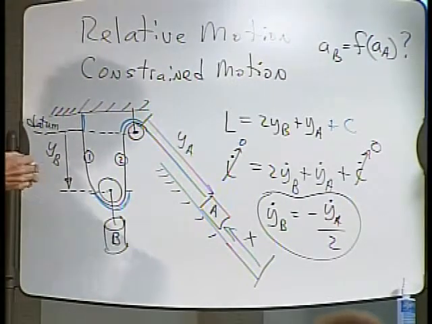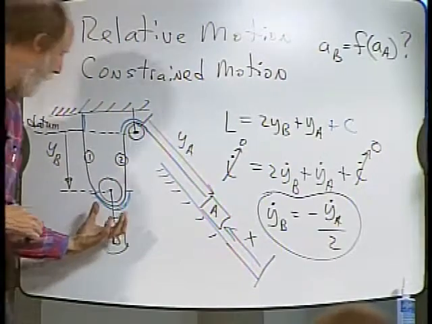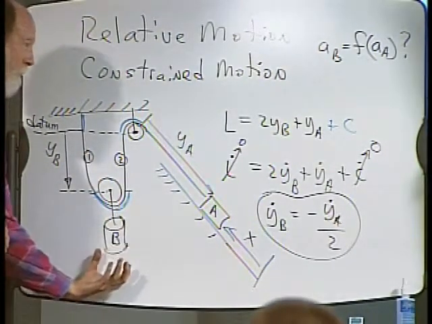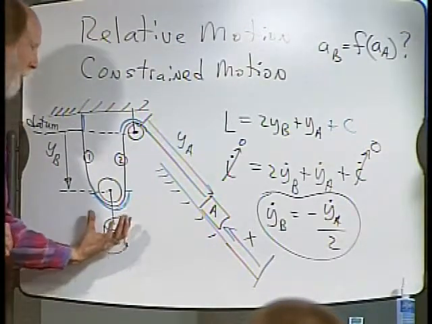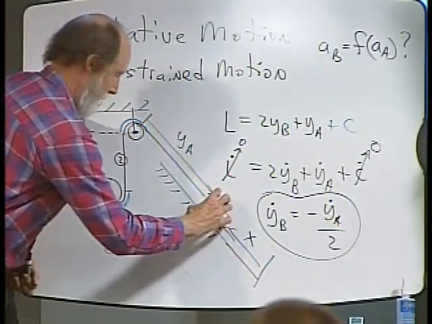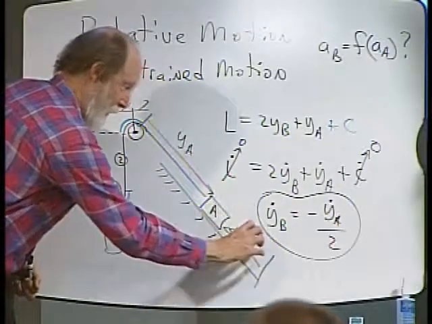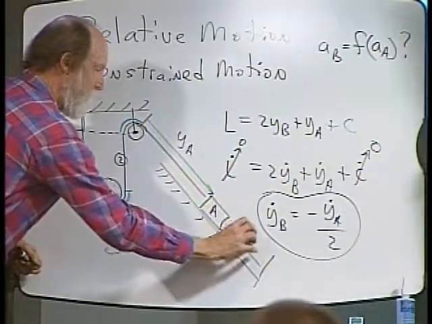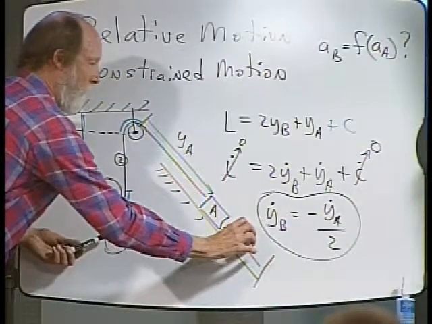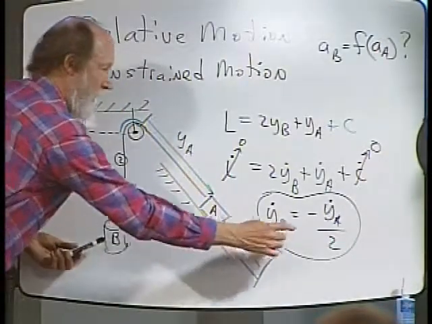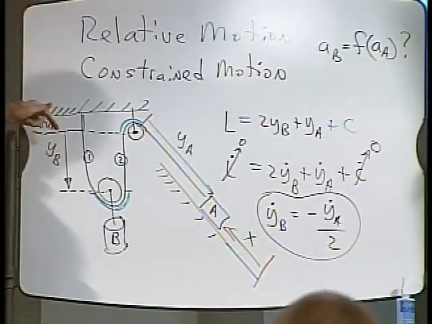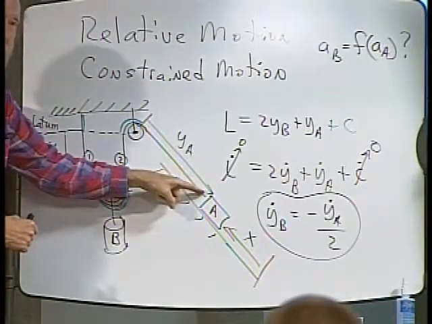So in other words, let's say I grabbed a hold of this body and pulled it down at a certain speed. Actually, maybe I should grab this guy, since that's the way I wrote it. Let's say I pull body A downward at a certain speed. Then this body is going to be going which way? It will be negative, won't it? Because notice my defined directions: positive downward, positive downward.